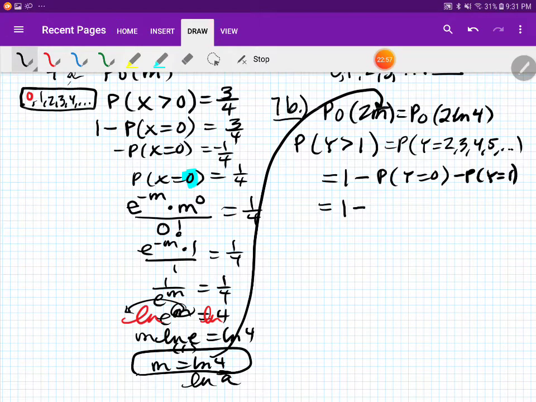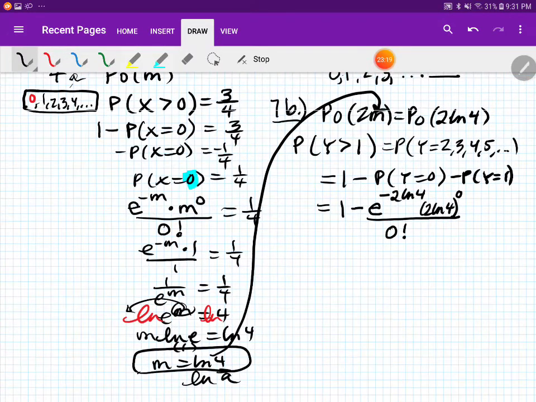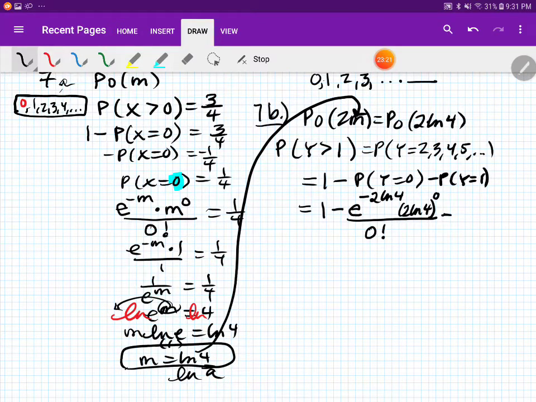Okay, so this is 1 minus e to the negative mean, 2 ln 4, and then it's mean, 2 ln 4 to the x over x factorial. Okay, that's kind of creepy. Minus e to the negative 2 ln 4, that doesn't have to do with the 1, times 2 ln 4 to the 1 over 1 factorial.